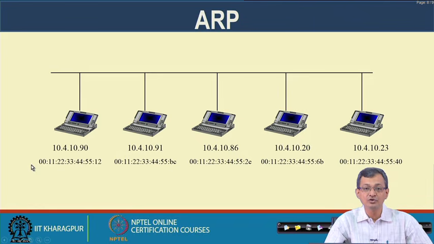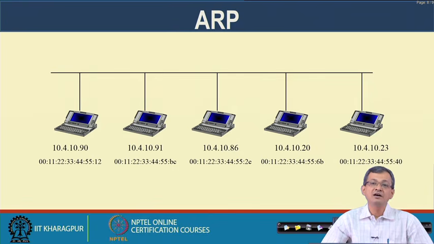Also we learned that the physical address of a device is unique, given by the hardware manufacturer. I am repeating, there are issues of cloning those physical addresses, but we are not going into those complications. The physical address of a network device is unique.